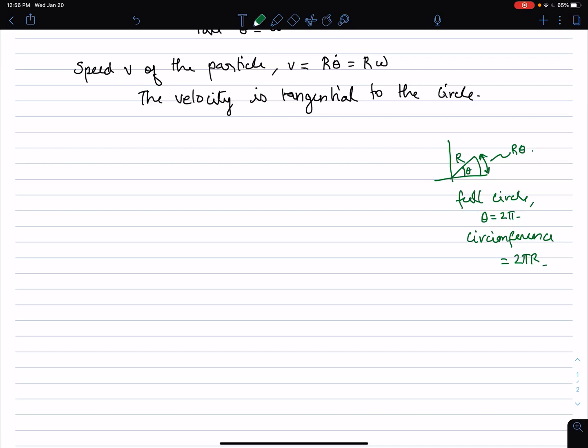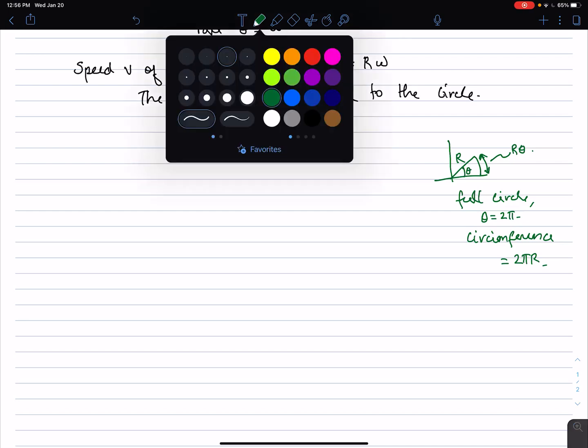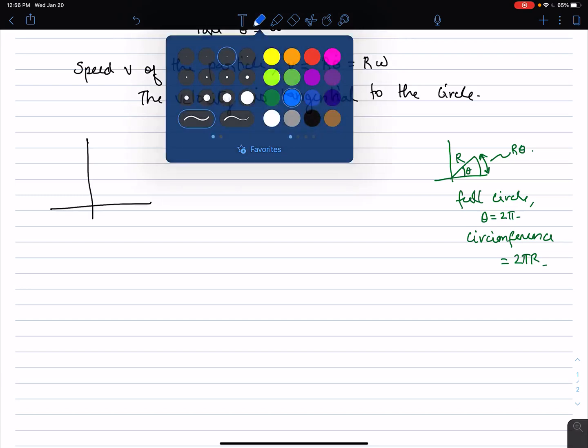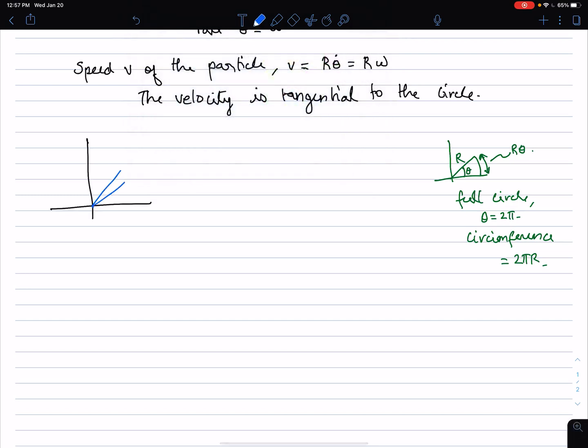So we can use that. So if we have a small part of the circle and the small change in angle is d theta, this is still r. Let's say this distance traveled is ds. ds is going to be equal to r d theta, okay?